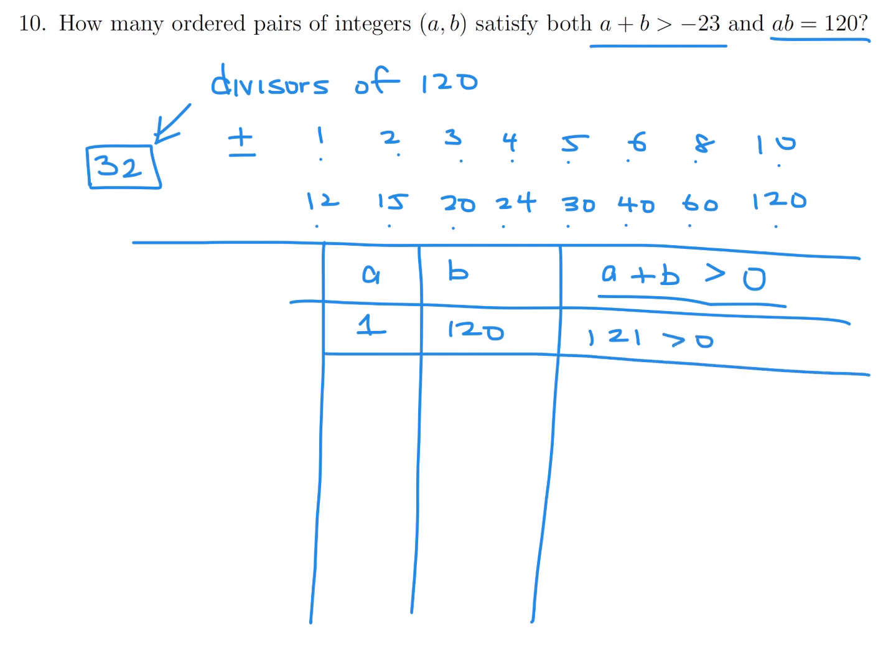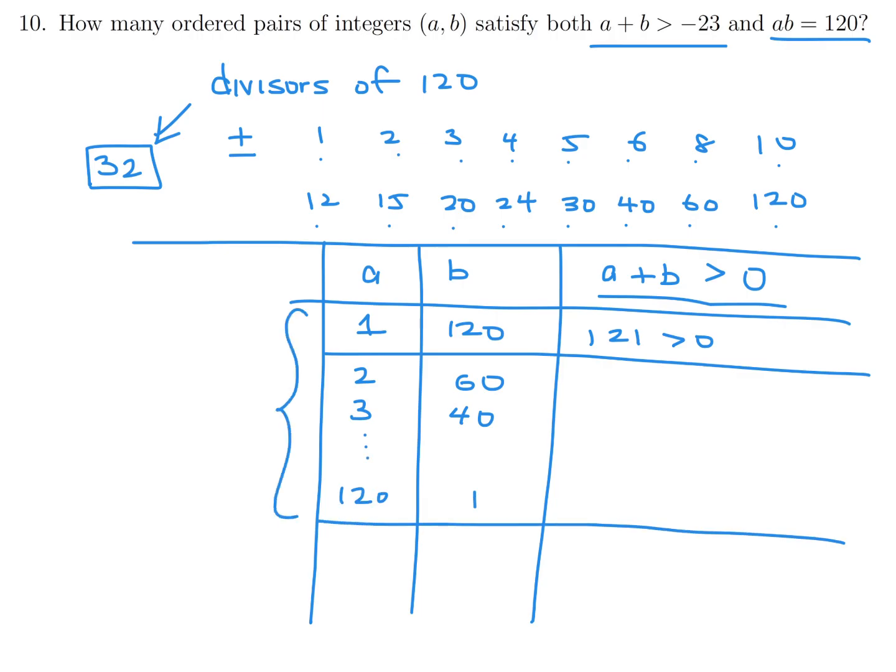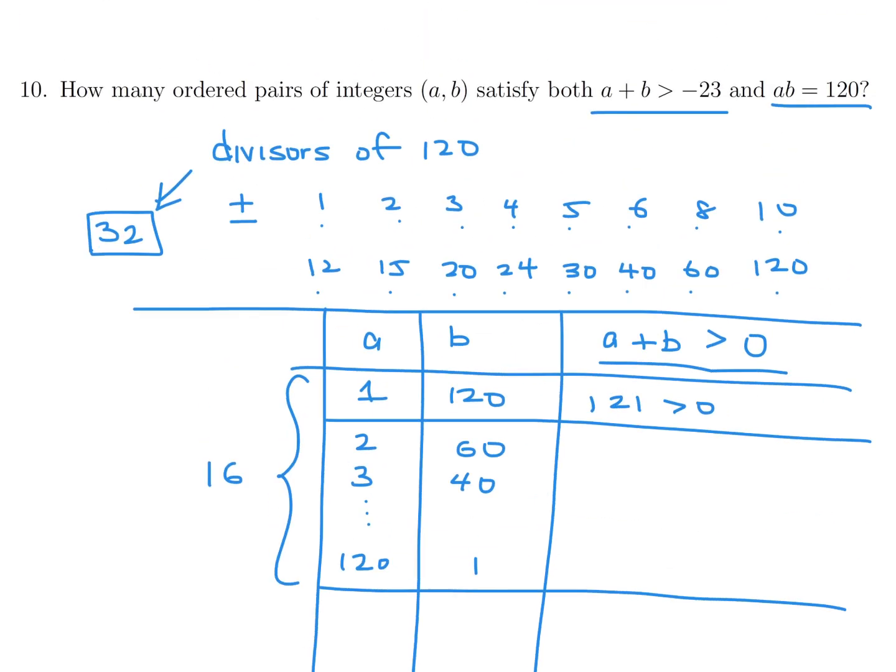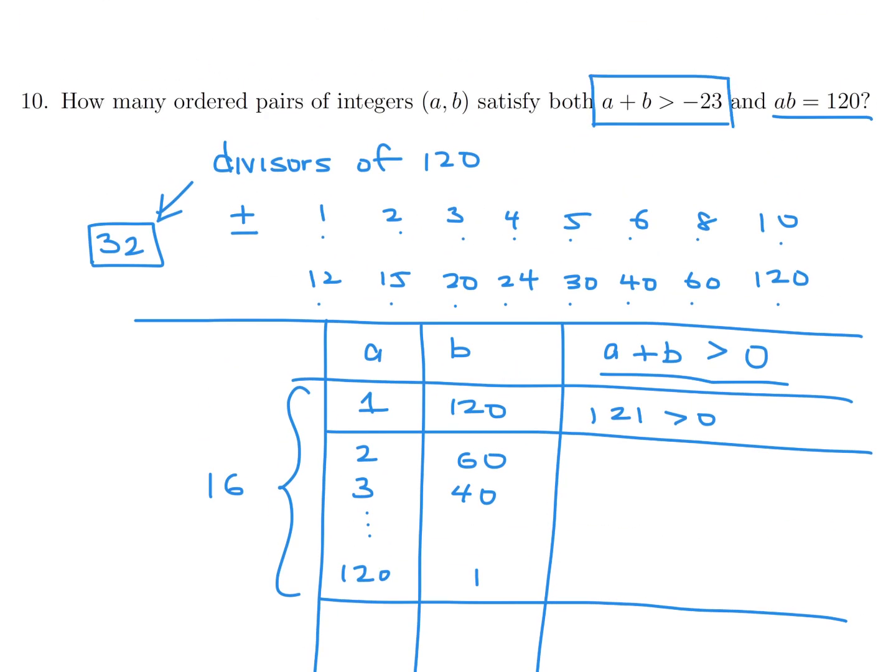So that's going to be true for all of them. Everyone is going to have a matching pair all the way down to the last one. So this is how many? 16, right? Yeah, 16 positive divisors. So all of those are going to satisfy this condition.